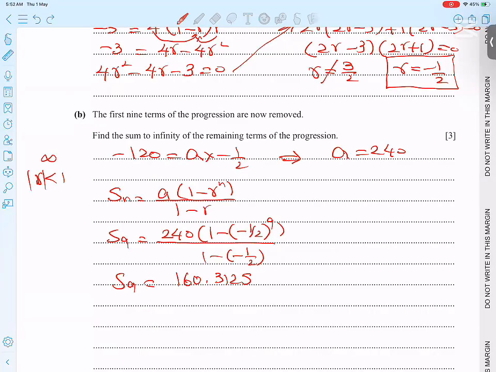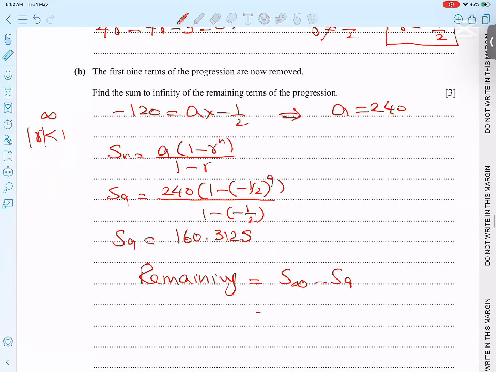So what technique are we going to use to find the remaining terms? The sum of the remaining terms we can find by S infinity minus S9. S infinity is 160, and S9 is 160.3125. If I subtract, I get negative 0.3125.